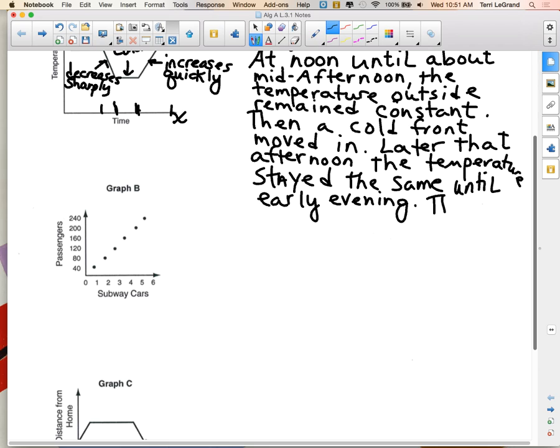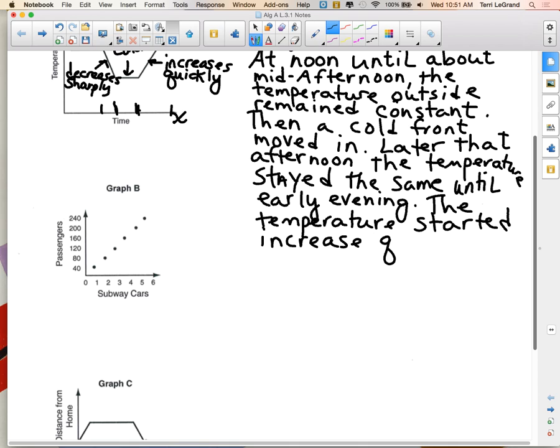There you go, I like that. The temperature started to increase quickly because of humidity.